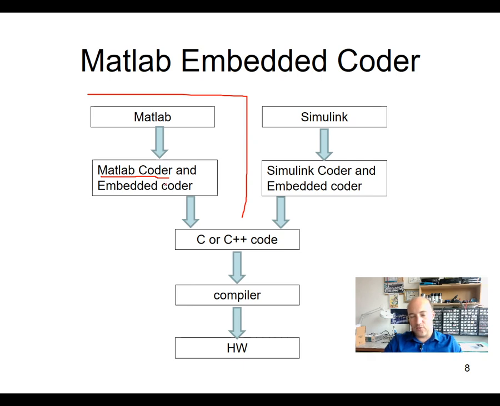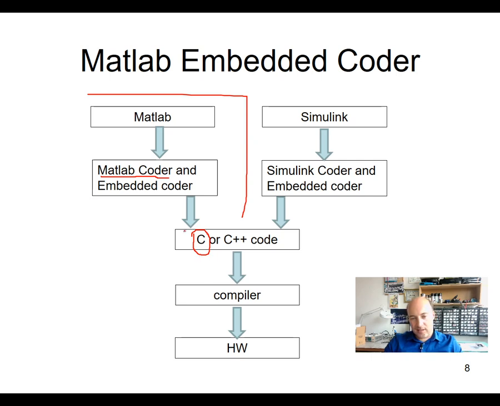We will just have to configure the compiler to use a specific platform that we need for our development board. In all cases, here we will produce C code. Now the coders in MATLAB and Simulink can also produce C++ code, but we will just use C code.